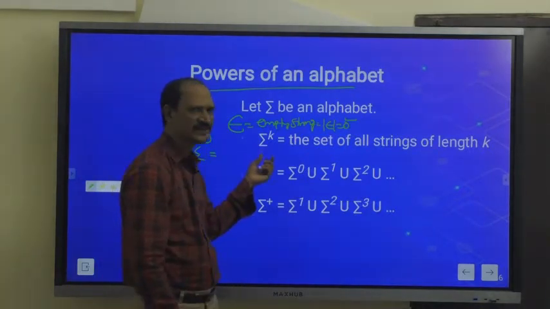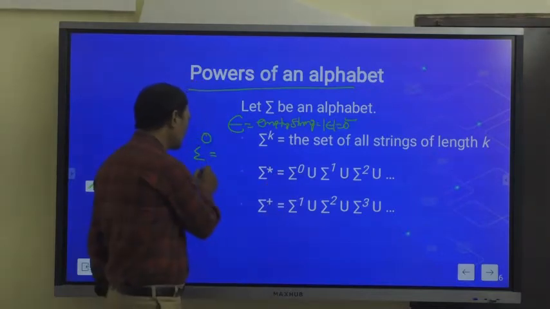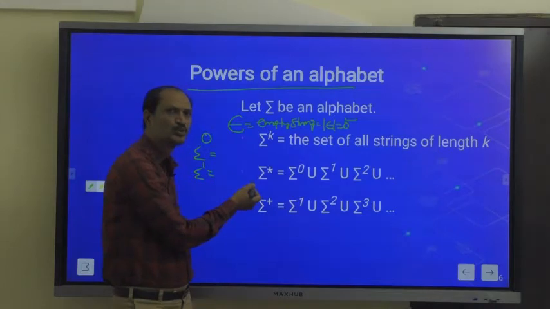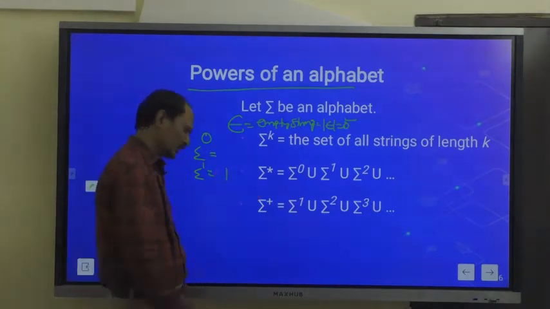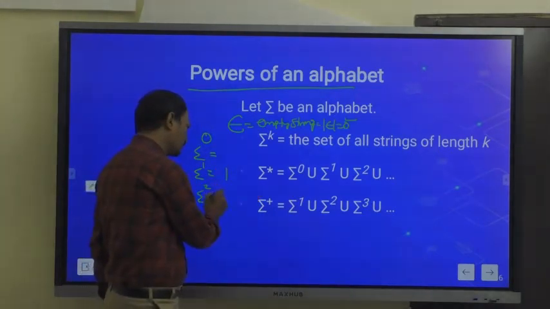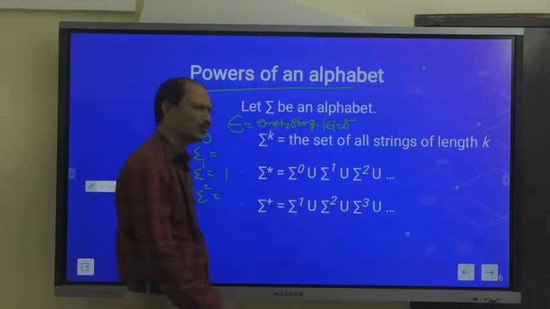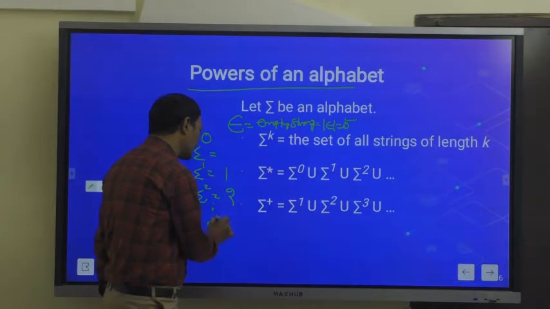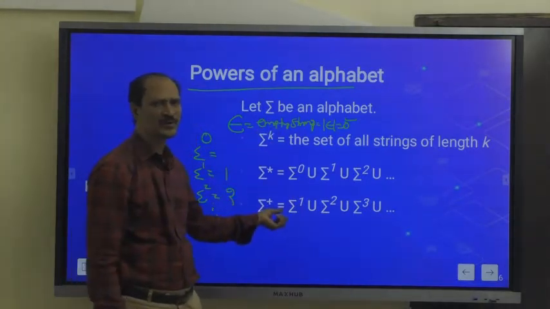That's what is called sigma power 0. Now what do you mean by sigma power 1? It is going to have the set of all strings whose length is 1. Sigma power 2 contains the set of all strings whose length is 2. Sigma power k means it is going to contain the set of all strings whose length is k. That is what is called the power of an alphabet.